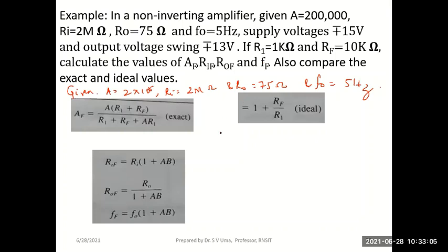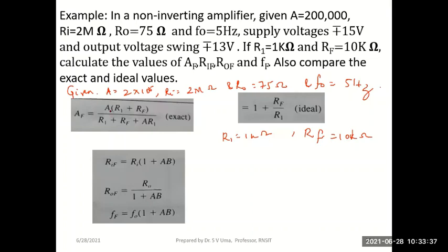Now, if R1 is 1K, RF 10K, calculate the values of AF, RIF, ROF and FF. Do it. You have to find it using exact equation and the approximate. Already the formulae are written.